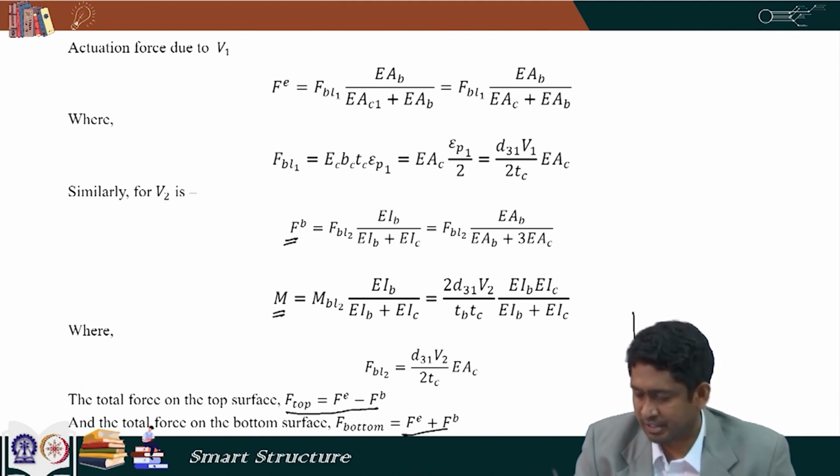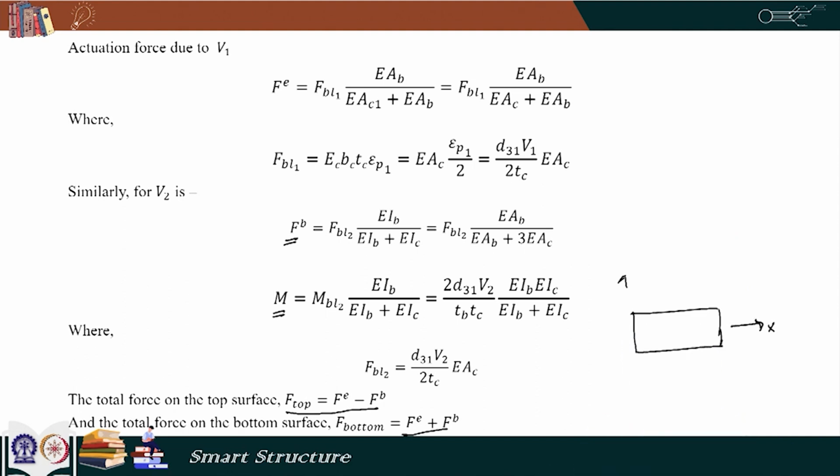So, if this is our beam, this is along x axis and this is z axis, we have the piezo somewhere here maybe. Let us assume that the forces are in this form, but they are different.